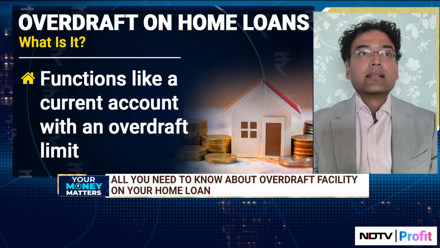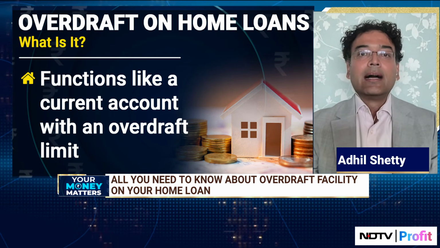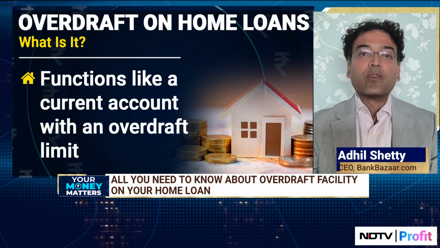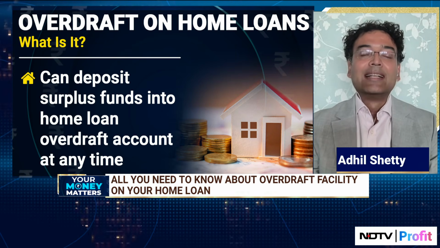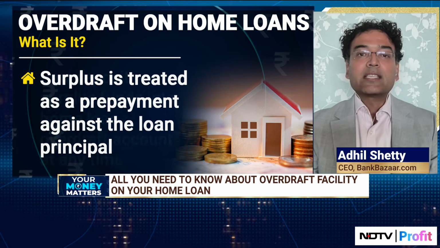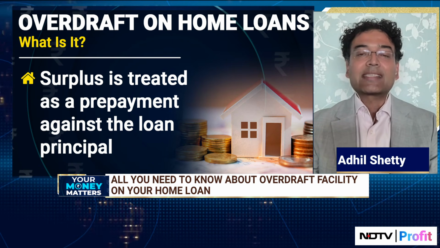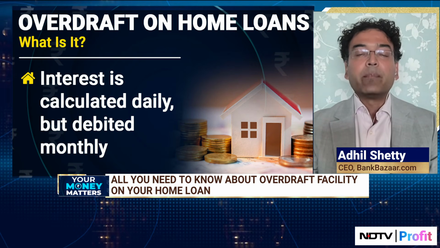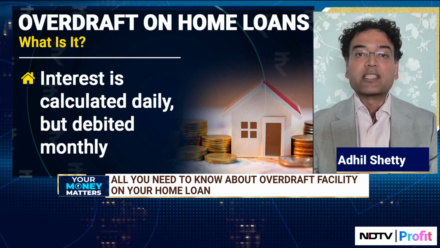Let's say you have a 50 lakh home loan outstanding, and you take a home loan overdraft facility and put 5 lakhs of extra funds in it. Your principal is considered to be 50 minus 5, only 45 lakhs, when the interest is calculated on your home loan.